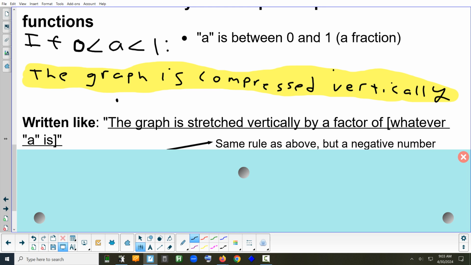So if you had something like this, say y equals 1/2 times 2 to the x, and you were comparing it to this one, how would you describe what the 1/2 does? What's the sentence you would write?